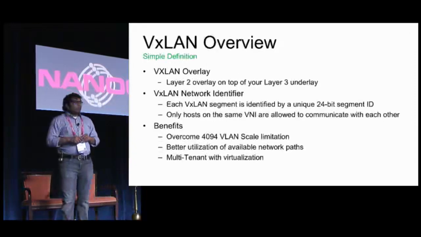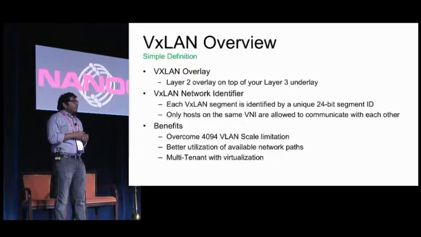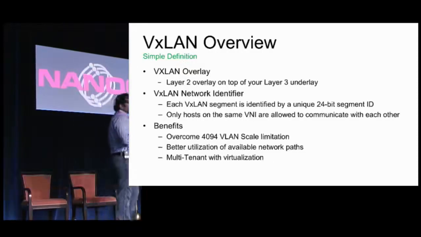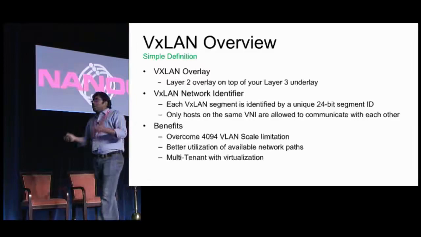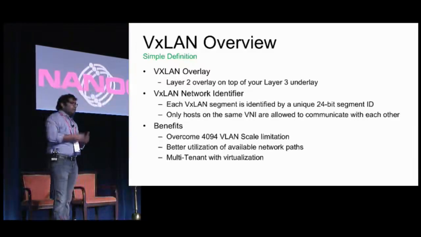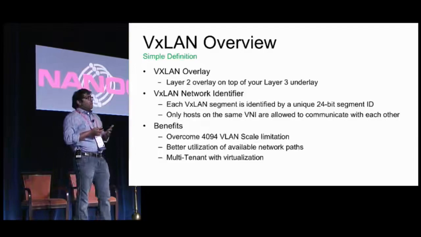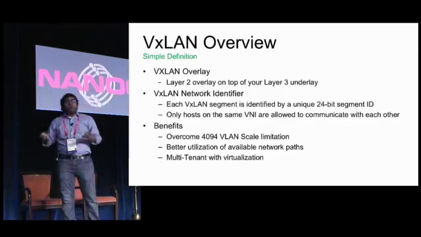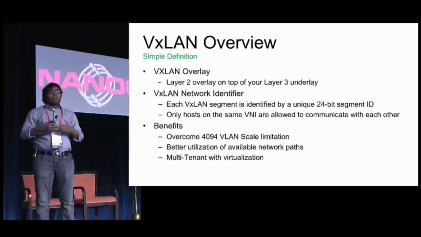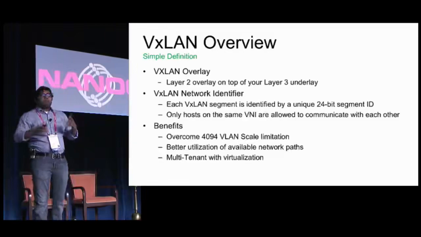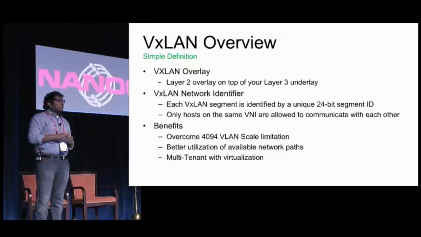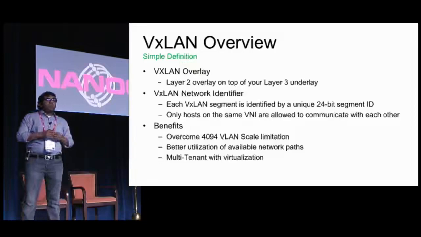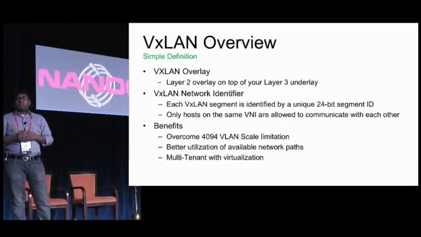So what is VxLAN overlay, or what is VxLAN itself? Traditionally we have been using layer 3 IP addresses over layer 2 environments, right? VxLAN is just the opposite, using layer 2 overlays on top of your layer 3 underlays. You have IP protocols running at the bottom, and based on your IP reachability, you have different endpoints which terminate your circuits or your virtual LANs, and you can do the forwarding and routing between them.